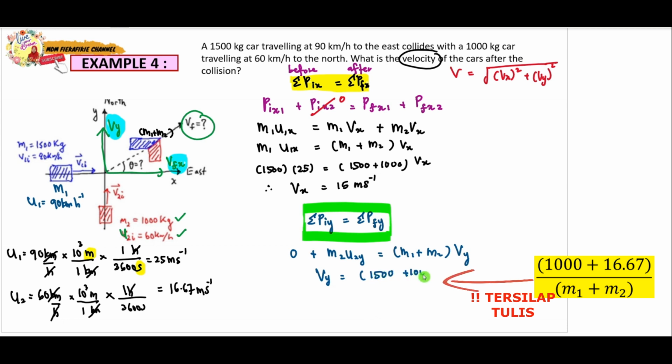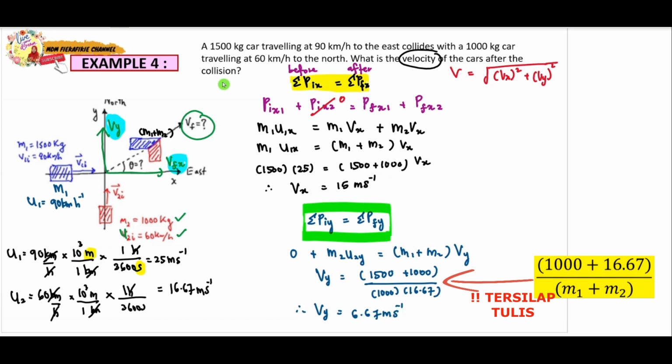So, therefore, we can write Vy is equal to M1 plus M2. Okay, we substitute all the values. Okay, and then over M2 is 1000 times U2Y. U2Y is given, so kita dah kira 16.67 meter per second. Therefore, Vy is equal to 6.67 meter per second.